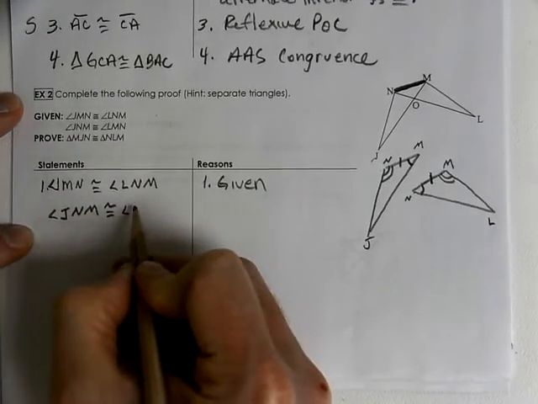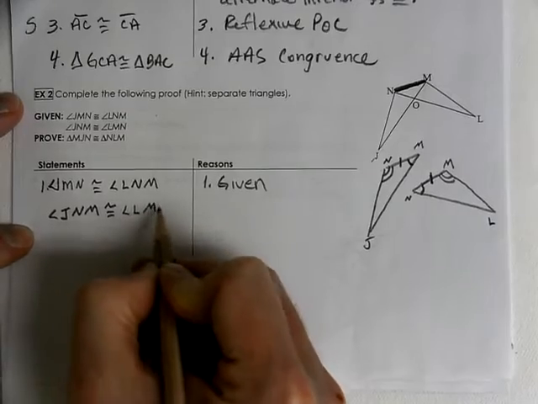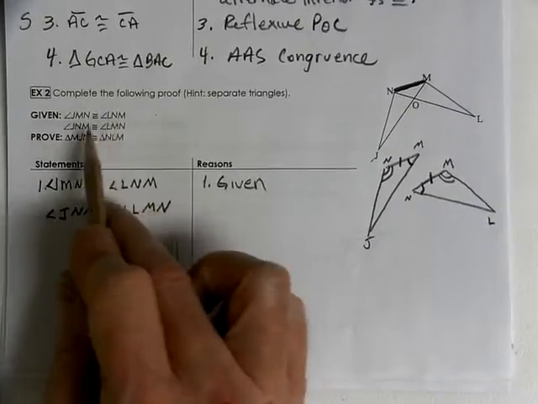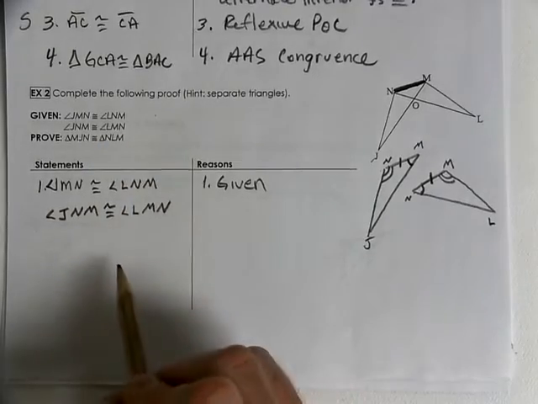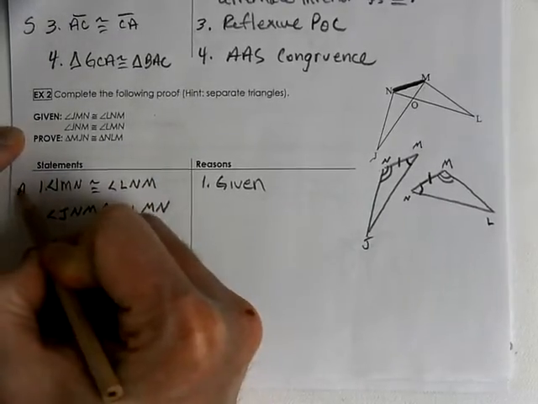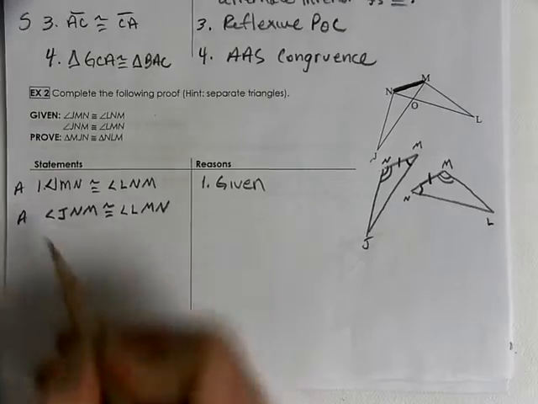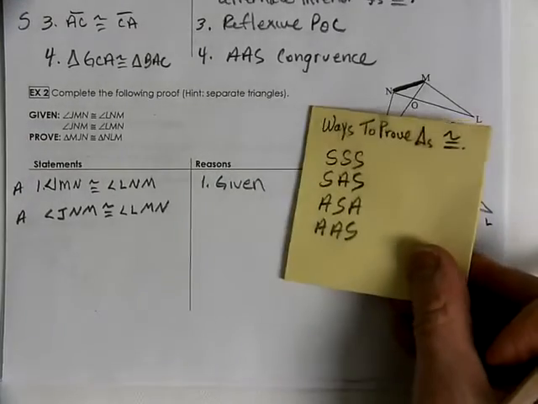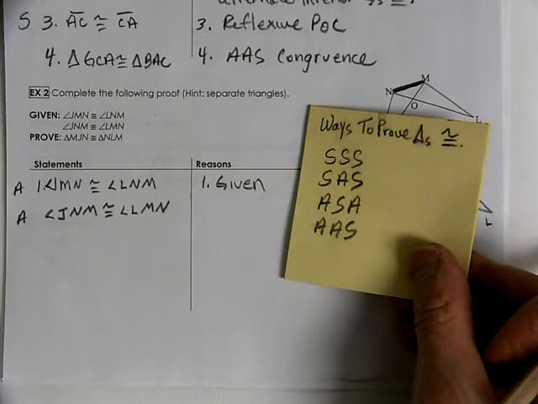So I'll show you what happens when we do that. It was all from the given, and that was written on our proof. Those are 2 A's. They are both angles that show in how we're going to prove the triangle is congruent.